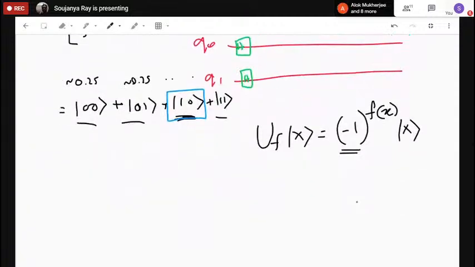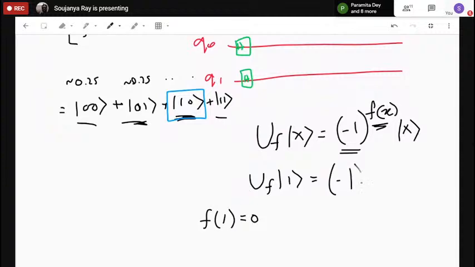I'll give you an example. If you have UF of 1, so 1 is 01, then f of x will be 0 for 1. If f of 1 is 0, then minus 1 to the power 0 of 1 will be just 1.